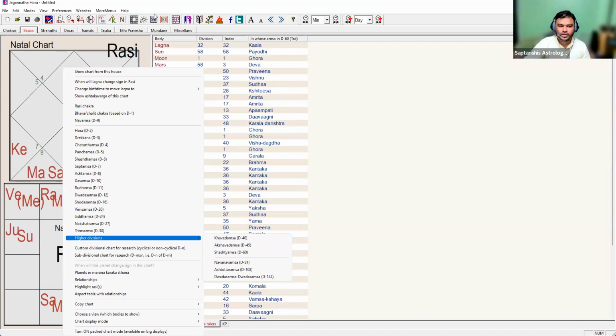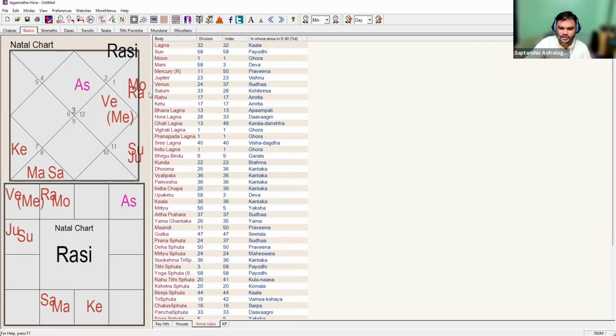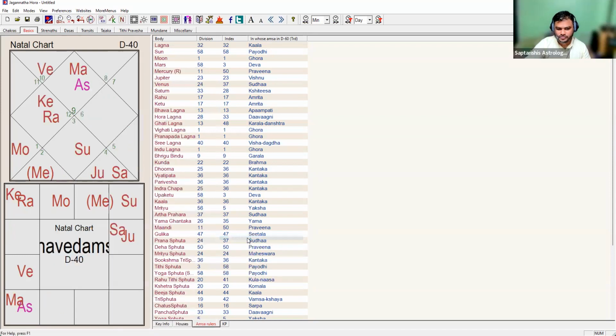So if any particular planet is afflicted in the chart and you are saying these problems are arising due to this particular planet, it means that karma belongs to that planet, correct? Now that karma, whether you have done it or it is coming from some generations of your family lineage or anywhere. Let's say I go to D40 first.